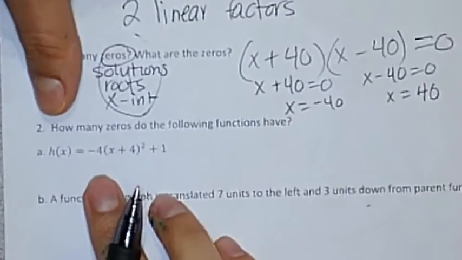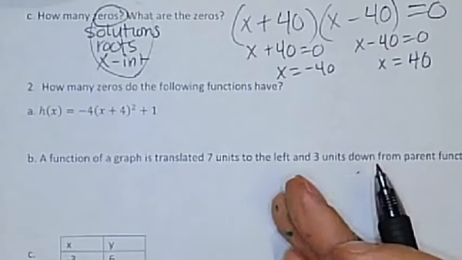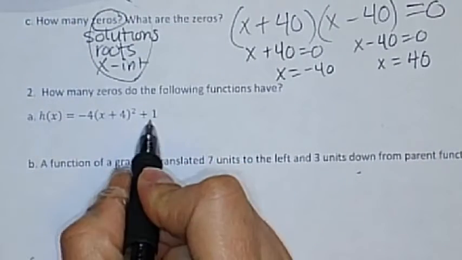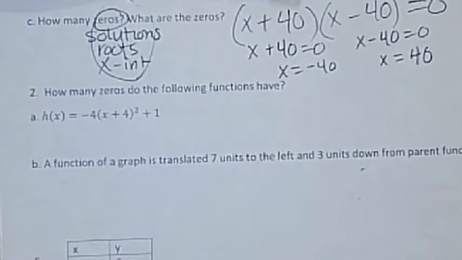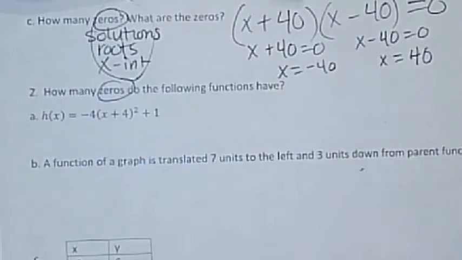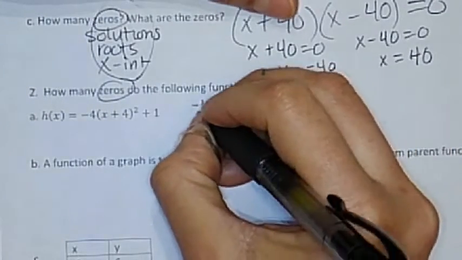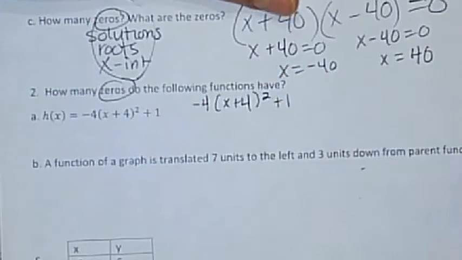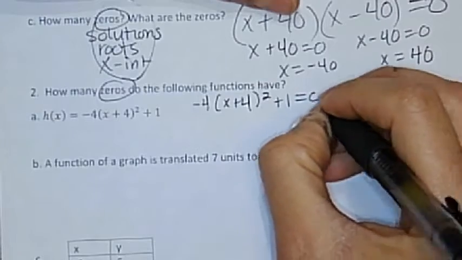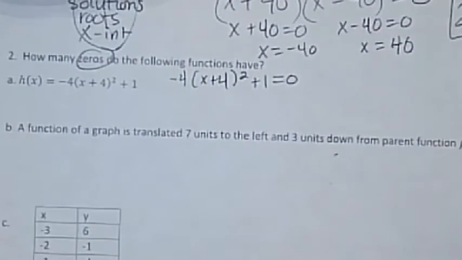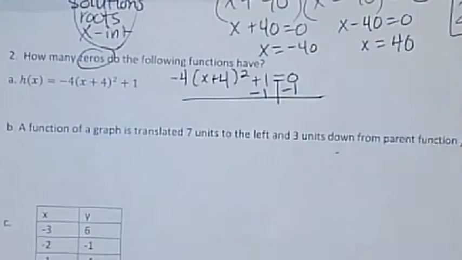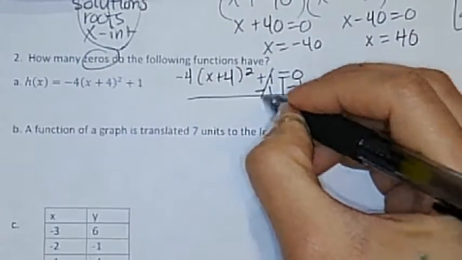Alright, so number 2 asks us how many zeros do the following functions have. This one is in vertex form. Okay, so I'm going to solve it to see how many zeros. Remember, zeros mean solutions. So I have negative 4 times x plus 4 squared plus 1. I'm going to set it equal to 0 and start solving, kind of like what we did today in class and your homework that you had yesterday.